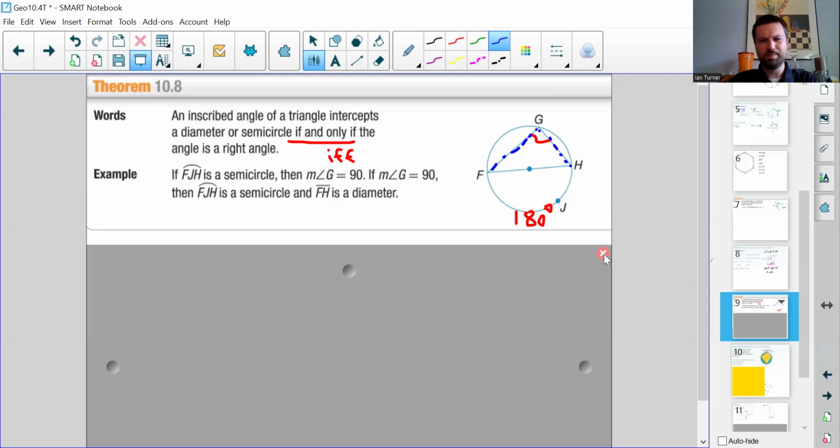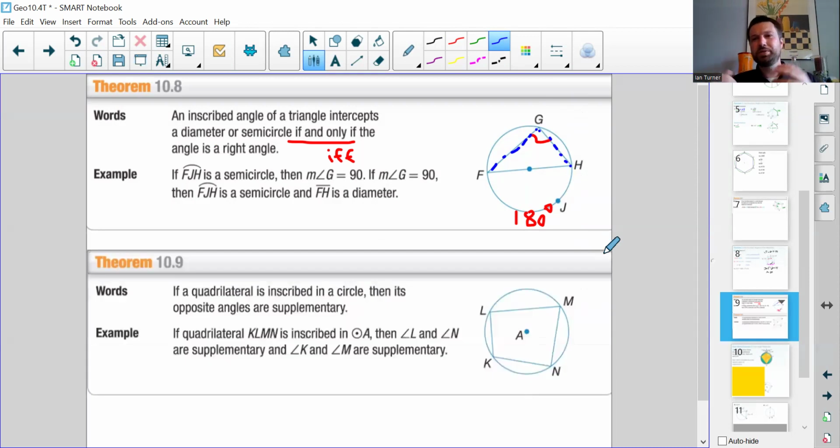Right. See, we got a problem here. Oh, we got another theorem. So exciting. This one's also a little funky, but once you get it down, it's not too bad. If a quadrilateral is inscribed in a circle, then its opposite angles are supplementary.